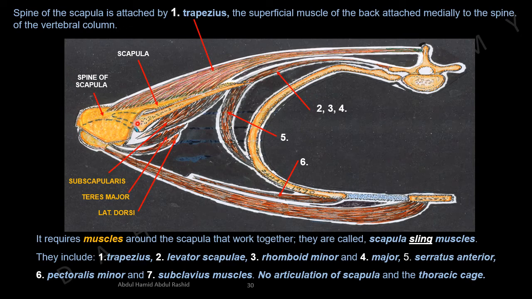Although the scapula and thoracic cage are not directly, physically, anatomically attached to each other, there is movement between these two structures, forming an artificial or functional physiological joint between the scapula and thoracic cage by a group of muscles attached to the scapula. These muscles are called scapular sling muscles.